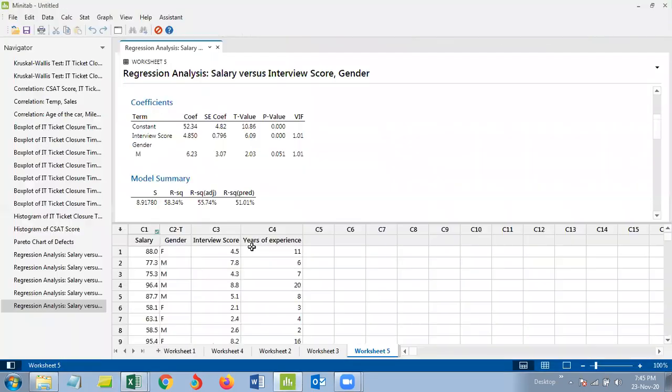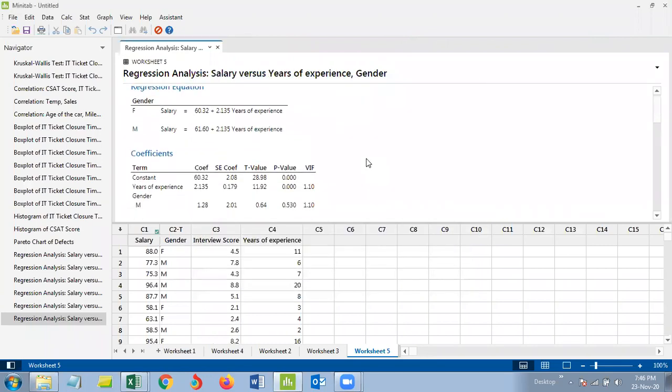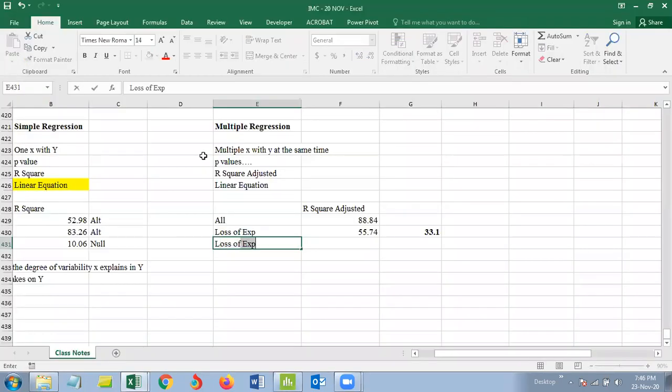Let's put this back, and now remove the interview score and see the loss of interview score, how much role it's playing in the overall decision of salary. So we click OK. Let's see. 82.43. Well, this is the loss of your interview score. In case you remove interview score from the model, it says 82.43.